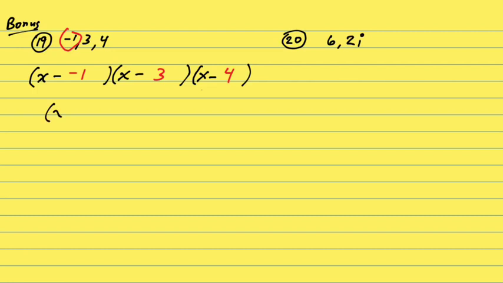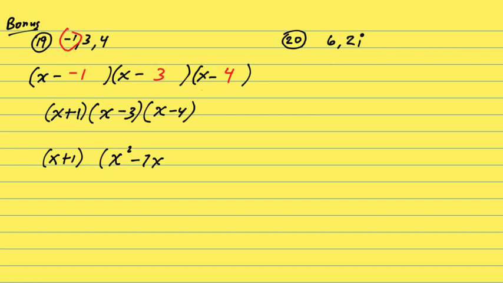So you really have x plus 1. Does negative 1 make that 0? Yes. Does 3 make this 0? And does 4 make this 0? Then you just multiply it out, which we've already done. You multiply these, you get x squared minus 7x plus 12.